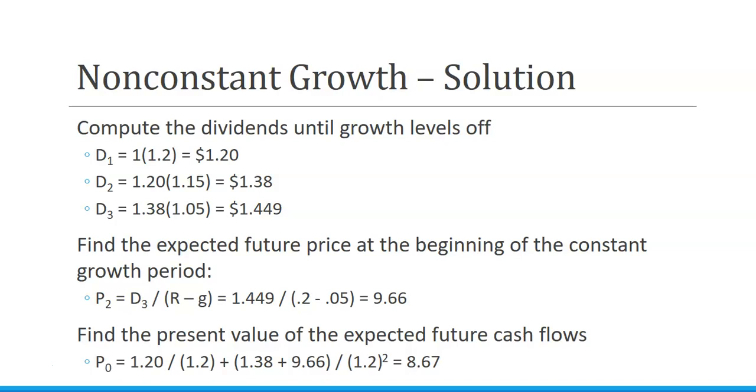We then add that to year 2 to find the present value of the future cash flows. So then we have the year 1 dividend plus the year 2 dividend plus the price at the beginning of the constant growth to give us the present value of the expected future cash flows.